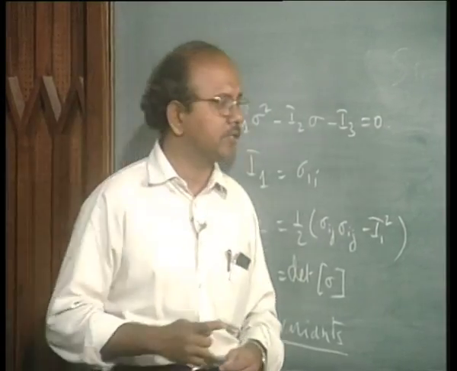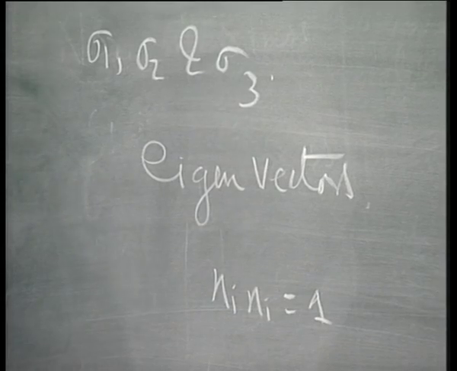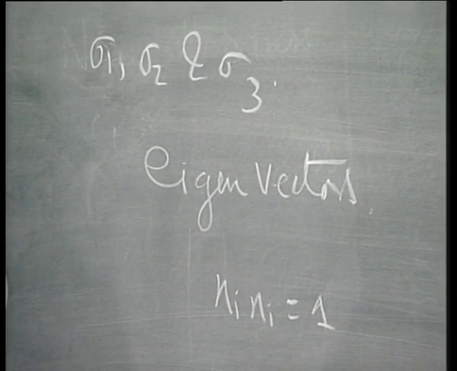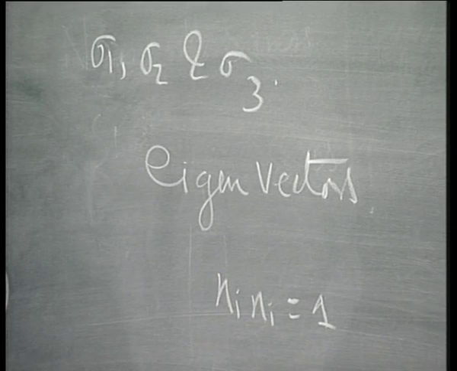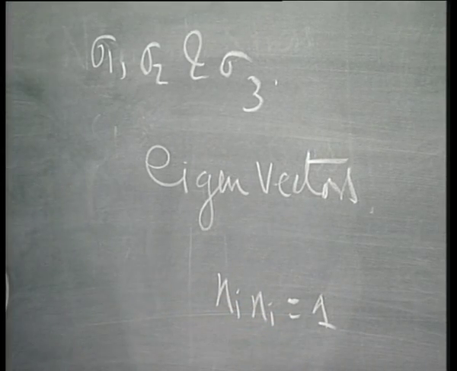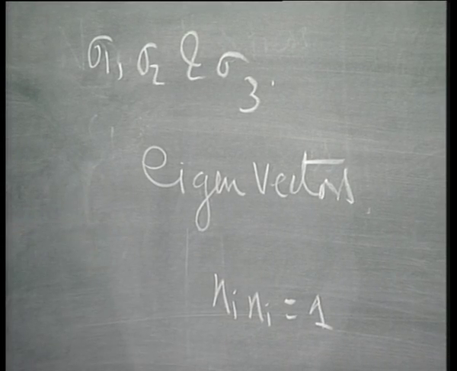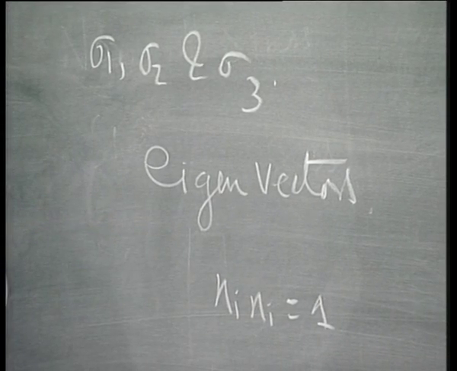Just now we saw that equation, along with the fact that n1 squared plus n2 squared plus n3 squared is equal to 1. By solving these two, we will get a set of equations to get the n's.